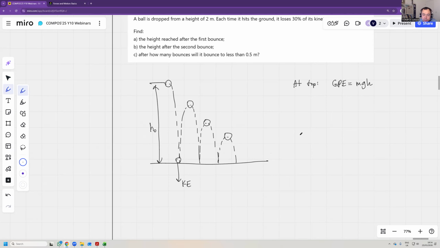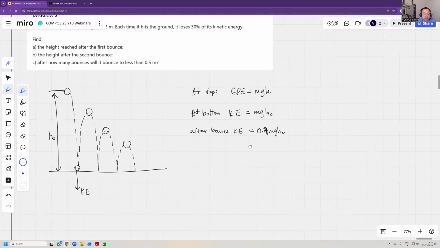At the bottom, you have kinetic energy, which is equal to mgh0. After the bounce, kinetic energy is equal to 0.3 mgh0, or 0.7, sorry, it loses 30%. So it's 0.7.